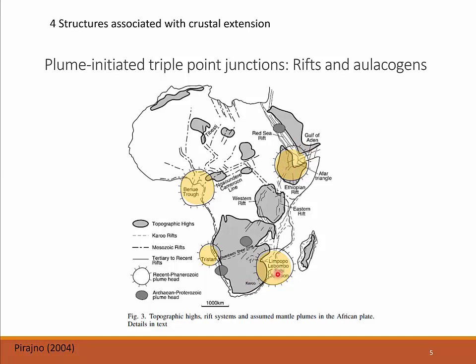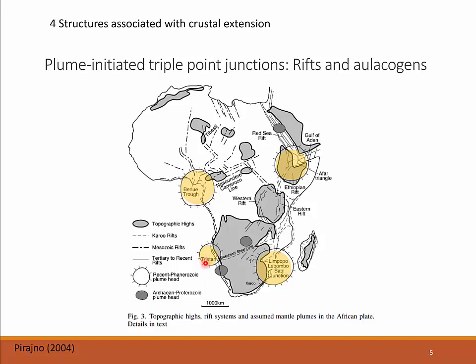Here in southeastern Africa we see the Lebombo-Sabi junction, the Lebombo plume. Tristan da Cunha is here one of the plumes responsible for the breakup of Africa and South America, and the same applies here for the Benue plume in the Gulf of Guinea.